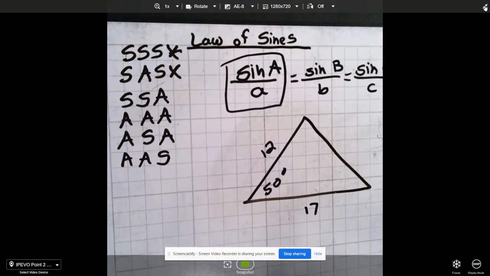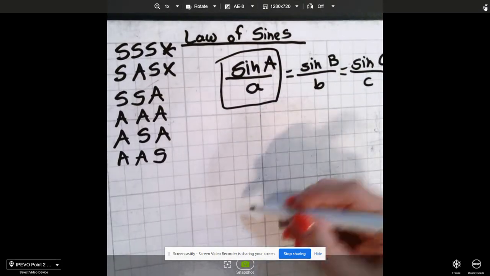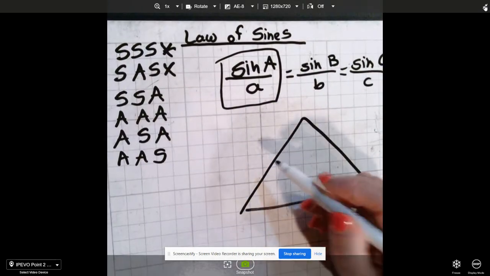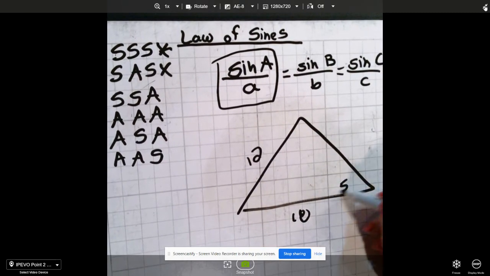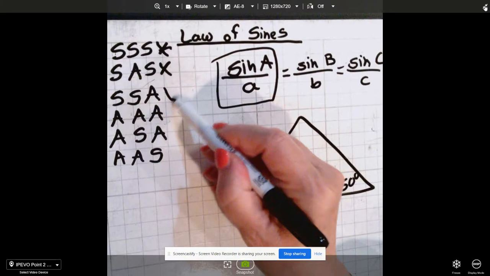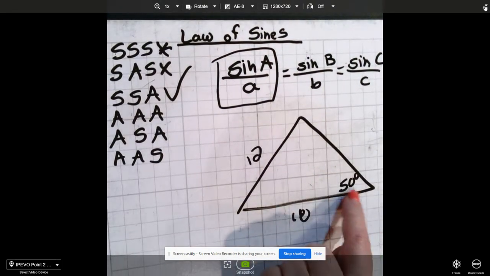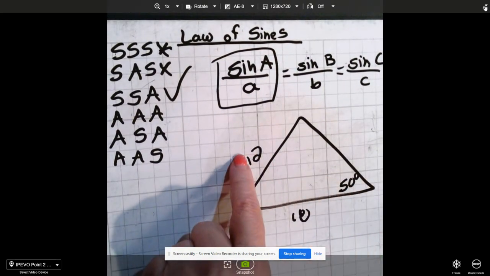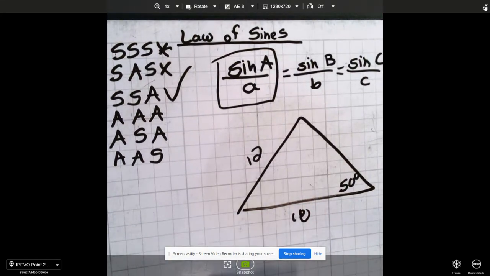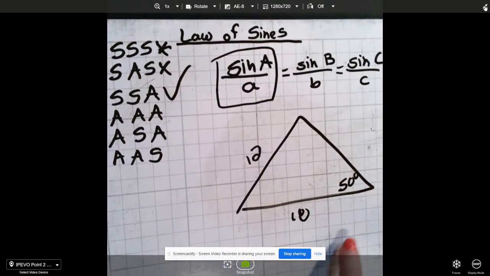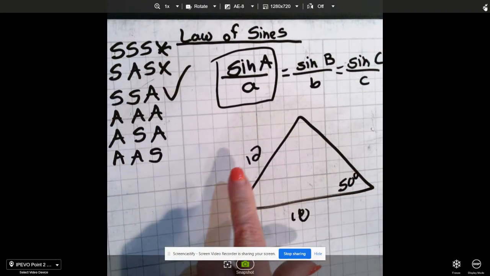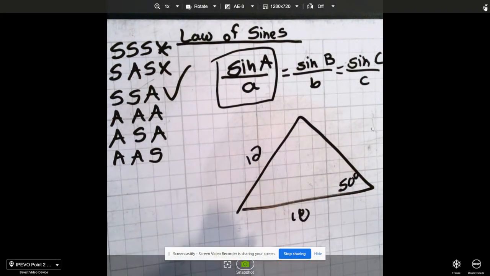Okay, let's take a look at the next one. Side, side, angle. So if I knew this side and this angle, that would work. Because as long as I have one angle and the side opposite, that's enough information, plus one other piece of information, side or an angle. But in this case, I have an angle and its opposite side, so I'd be able to fill this in.